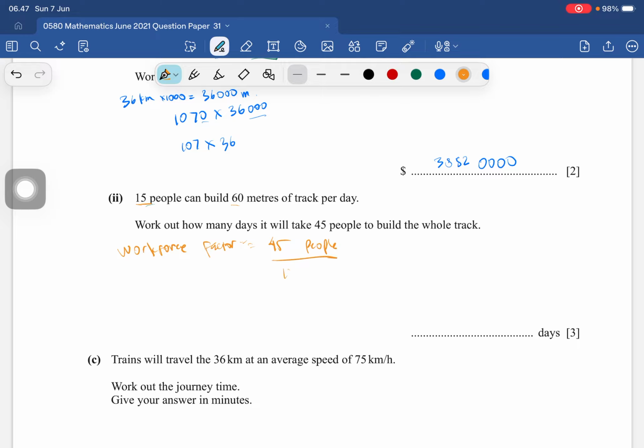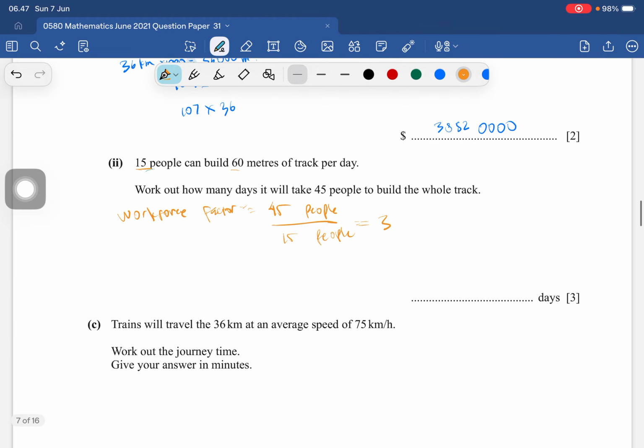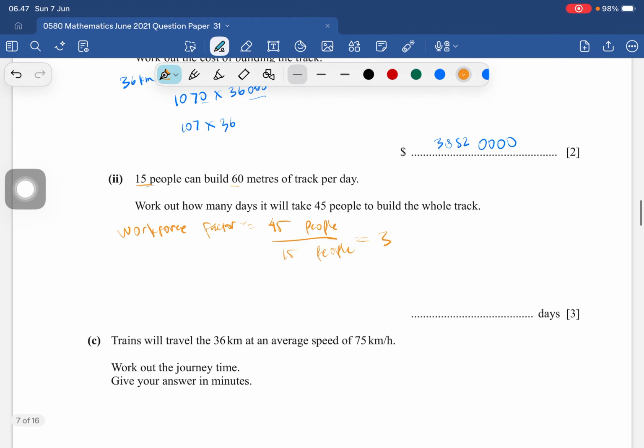We divide 45 by 15, so they will build 3 times faster. The new daily rate, before it was 60 meters, now we multiply by 3, so they can build 180 meters per day.